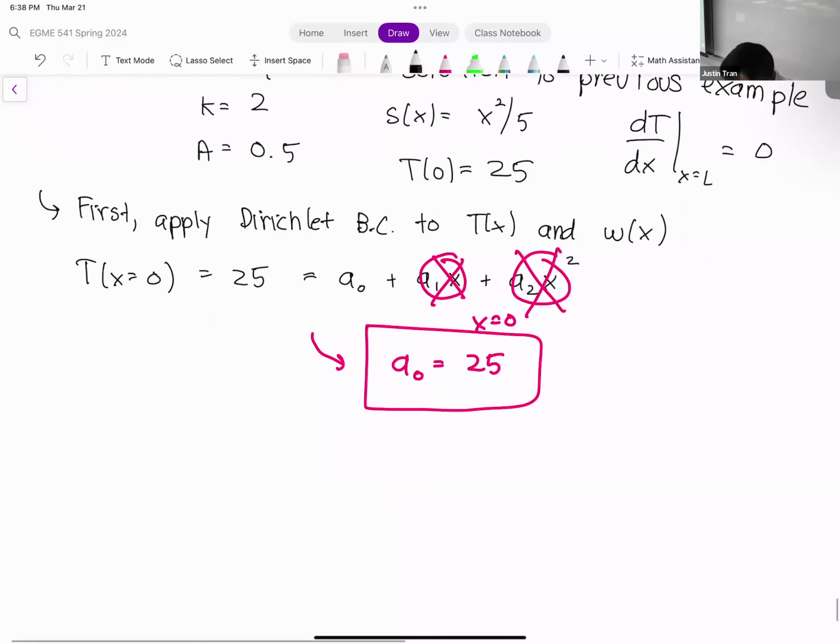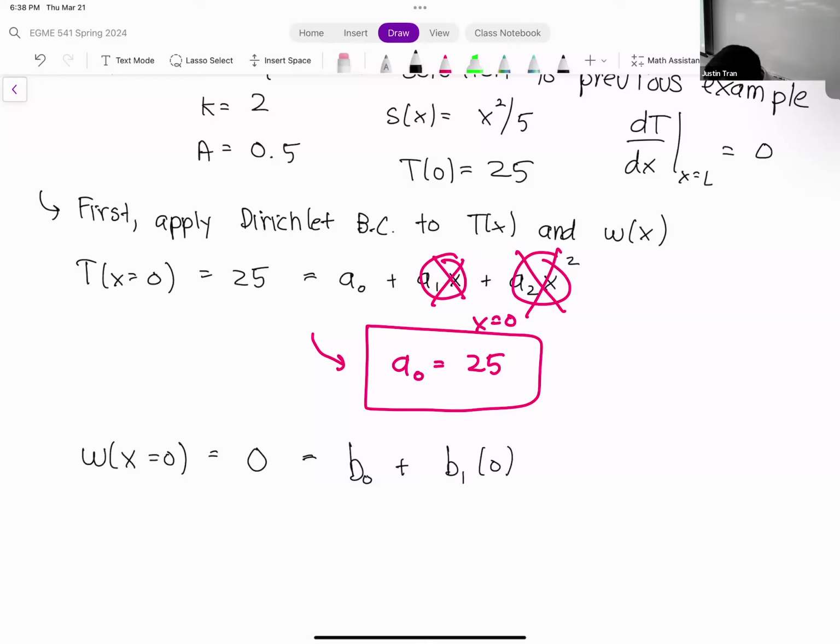Now let's do the same thing for w of x. We're going to apply x equal to 0 to w of x. Remember, our weighting function has a different requirement for the Dirichlet boundary condition: it has to disappear at the Dirichlet boundary. So instead of equaling 25, when we apply x equal to 0 to our weighting function, the whole thing must equal 0. So we have b0 plus b1 times 0 plus b2 times 0 squared.